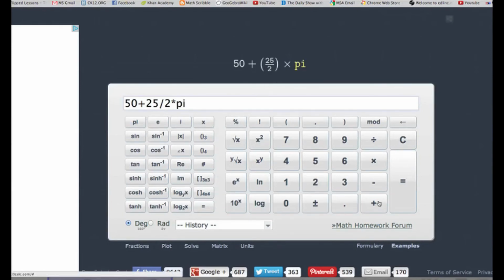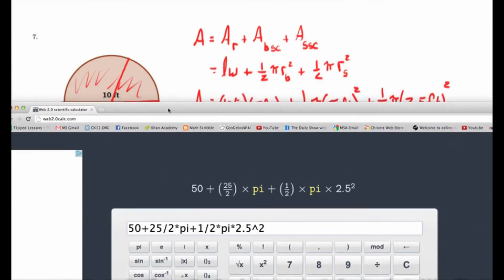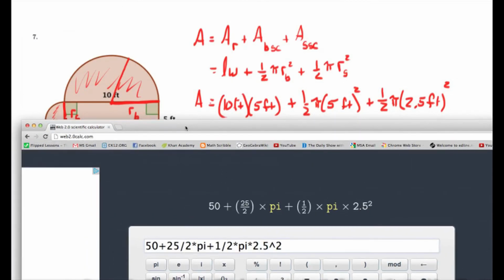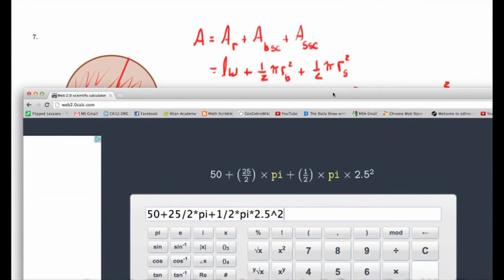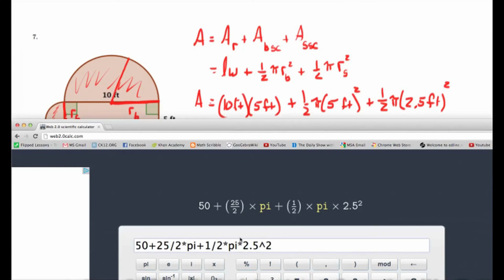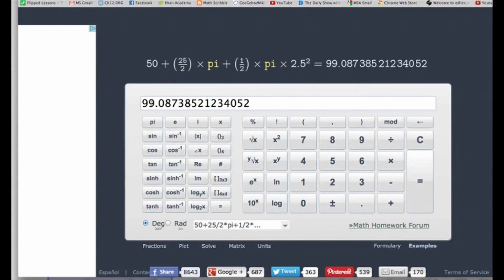Plus, so we have 1 divided by 2 times pi times 2.5 squared. So let's see if this is the way I want to write it. 10 times 5 is 50, and then 25 over 2 pi plus 1/2 pi times 2.5 squared, equals 99.08. So why don't we just round this to the nearest tenth? So that would be 99.0.